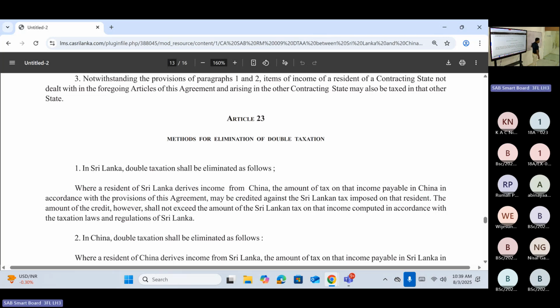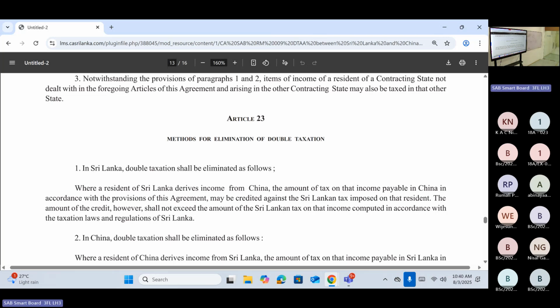Take another one: 40% China tax rate, they have paid 40% on the 100,000. He can claim only 30,000. Why? That income is taxed in Sri Lanka at 30%. So this is the ordinary credit agreement.